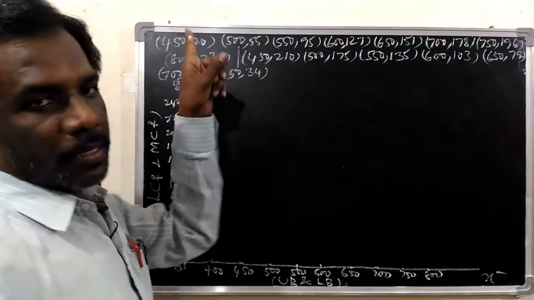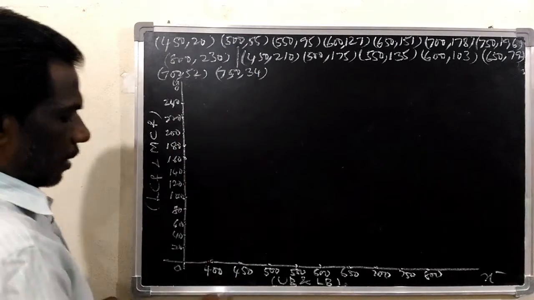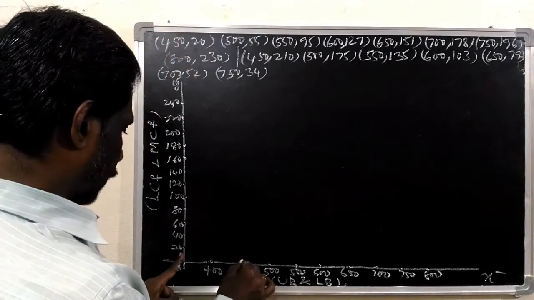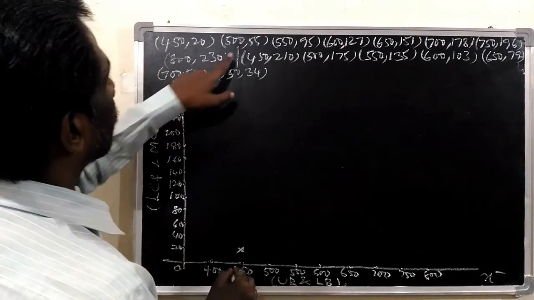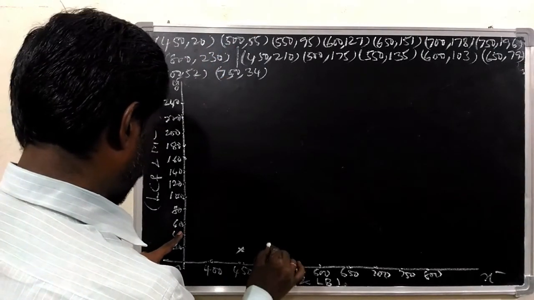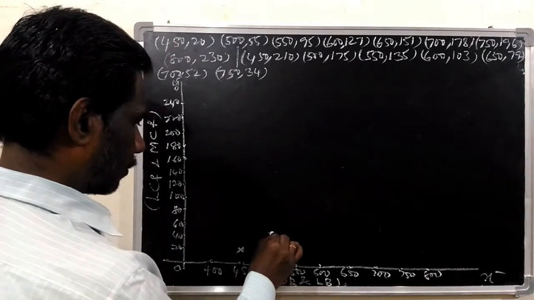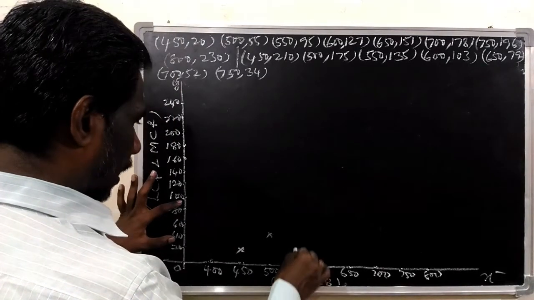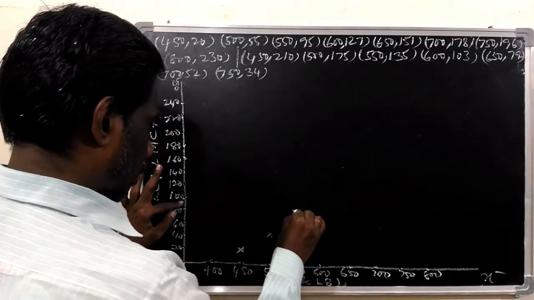So here the first point is 400 comma 20. This 400 is on the x-axis, this 20 is on the y-axis. So here it is 450 comma 20. Next 500 comma 55, which is below 60. 550 comma 95, so 95 is below 100.